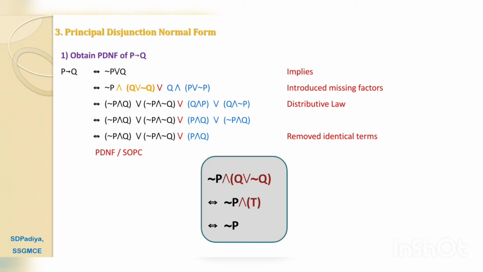The second, to obtain PDNF of P and Q or not P. Now P and Q is one elementary product term, and not P is one elementary product term, which are connected by the sum, means it is already a sum of product. If it is already a sum of product, we have to start with our fourth rule to introduce the missing factors.